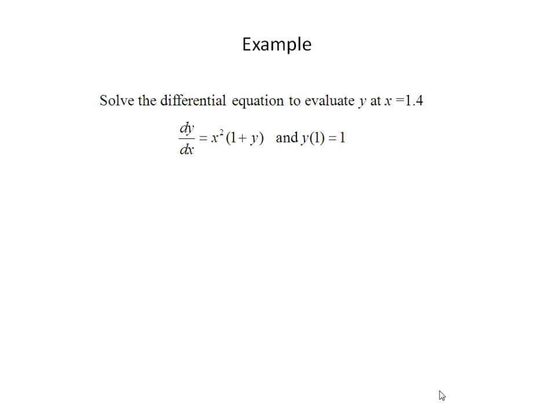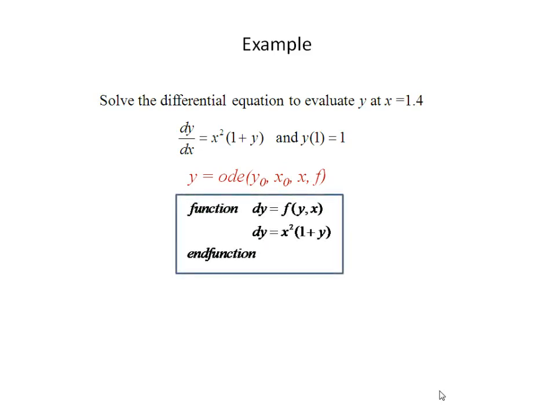That is, y0 = 1 at t0 = 1. So we will take the ode function with the four arguments. This is the syntax for defining the function. The initial conditions y0 is 1, x0 is 1, x is 1.4, and the function is x^2 (1 + y), which is the right hand side of the first order differential equation.